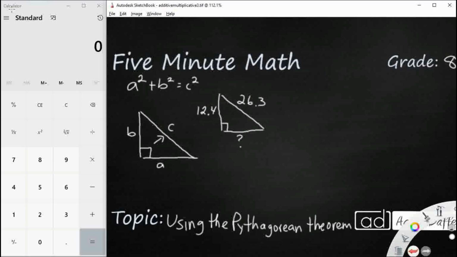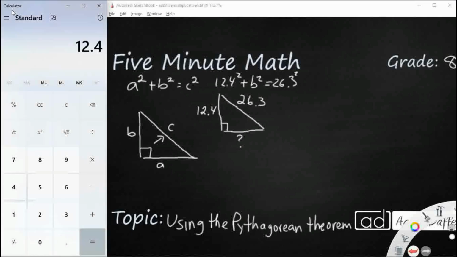Well, we know that a squared plus b squared equals c squared. So we're going to replace that with these terms. We know that 12.4 squared plus the missing b squared, always have to remember the squared, equals 26.3 squared. Now you see why we need a calculator.